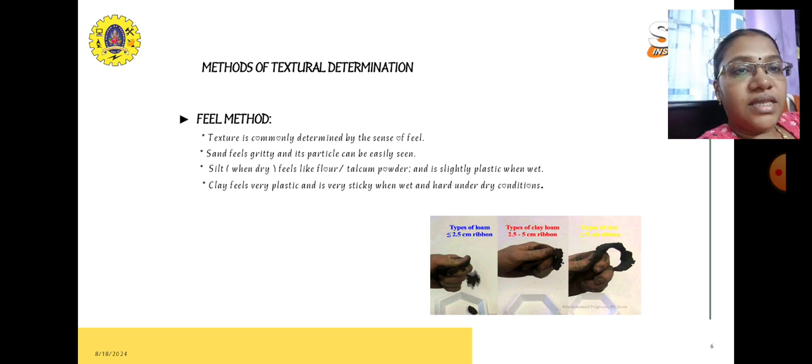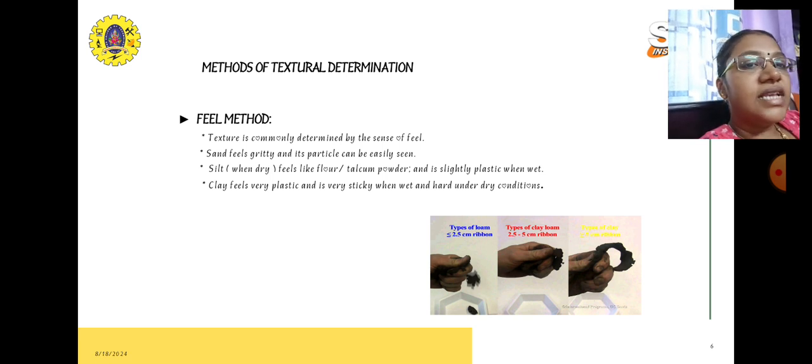The first method to determine the soil texture is the feel method. Texture is commonly determined by the sense of feel, by touching in the hand. Sand feels gritty and its particles can be easily seen.